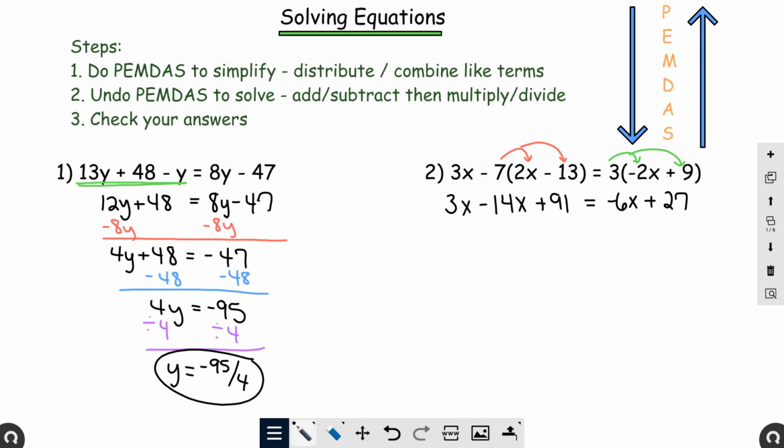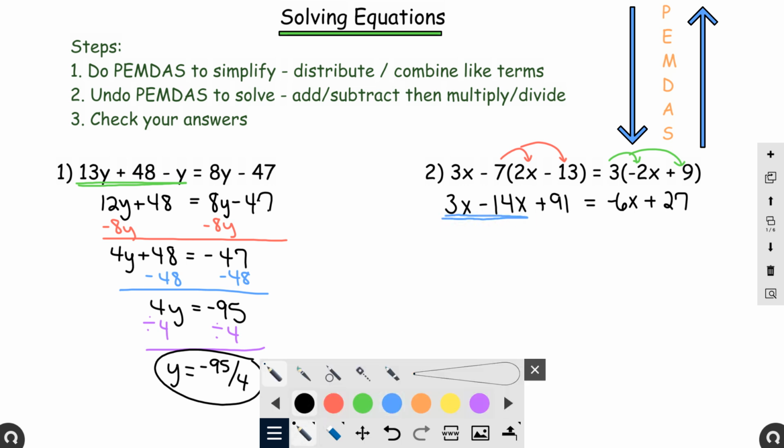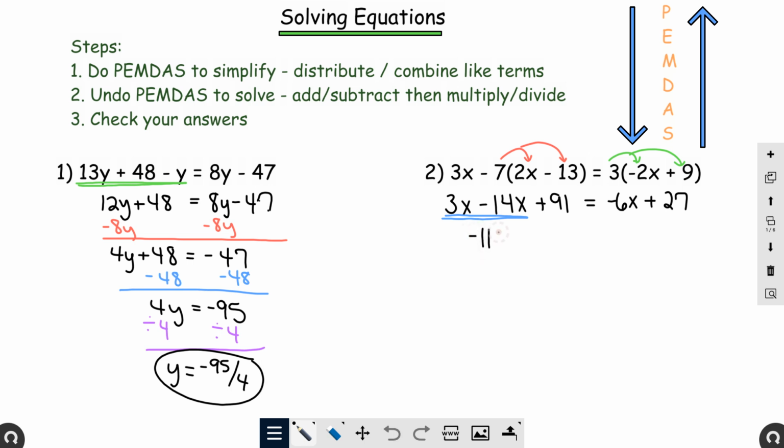Do you see something else that could be simplified? 3x minus 14x. Yep, we could go ahead and put those together. What's 3 minus 14? Good. -11x plus 91 equals -6x plus 27. Good. Combining up those like terms together, get all of that the same.